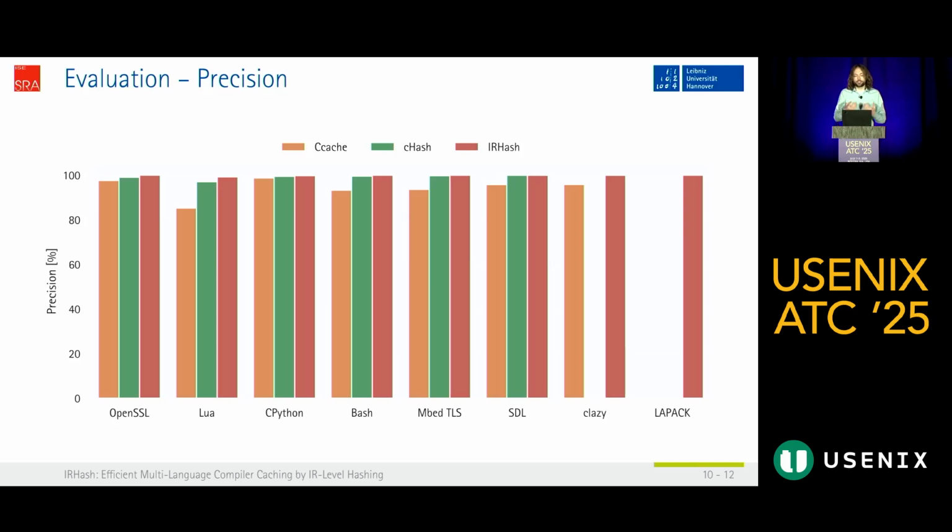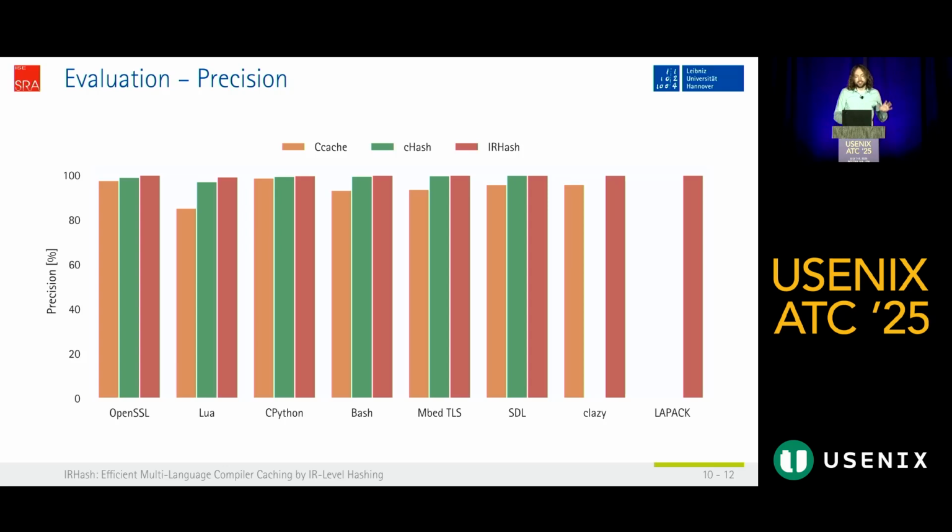With precision, I mean how many redundant builds. Precision of 100% means no redundant builds occur. And we use the object file hashes as ground truth. As expected, the earlier in the compilation the cache works, the less precise are the results.